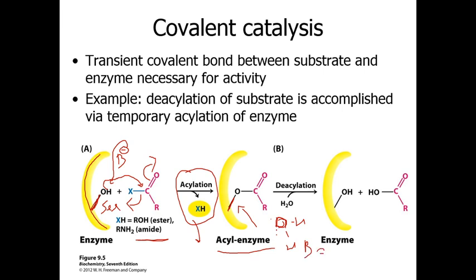Another base now removes a proton. Now it doesn't have to be another base. It could be the same base that is shown here, because this base could have then donated a proton to the leaving group X, this specific proton that is shown here. So the same base abstracts the proton from a water, and oxygen then attacks this carbonyl carbon center.